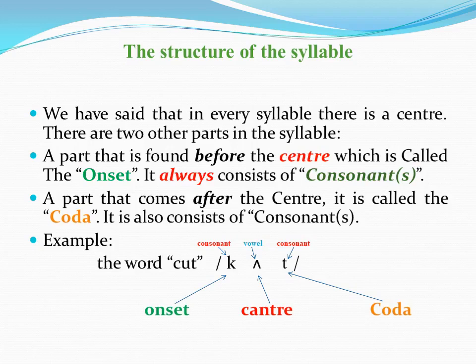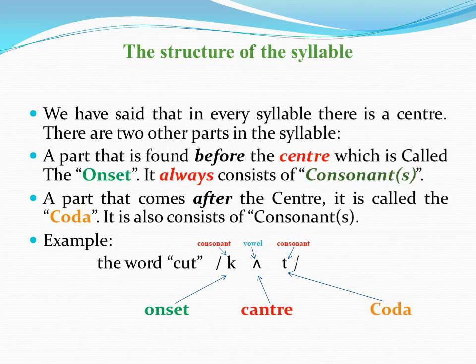This part is called the onset, and it is always a consonant. The first part in the syllable is the center. It is usually a vowel.